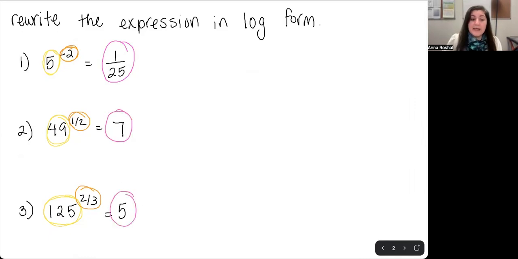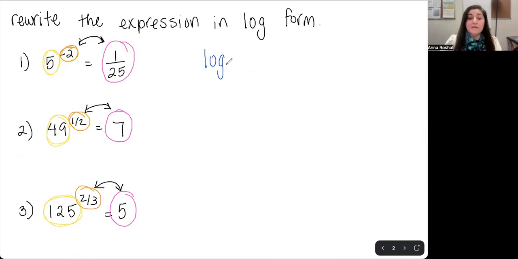And remember, we said that we're always going to flip-flop the exponent and the solution. Every single time we set up a logarithmic function or a logarithmic expression, I'm going to go from exponents to log. The exponent and the solution are going to switch. The base is going to stay the base.